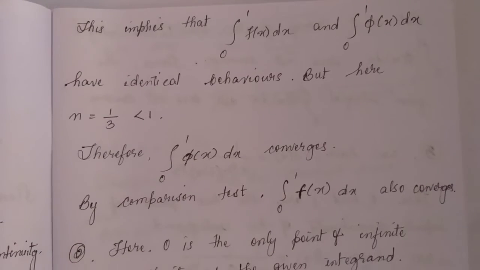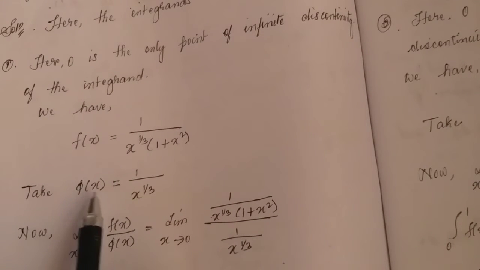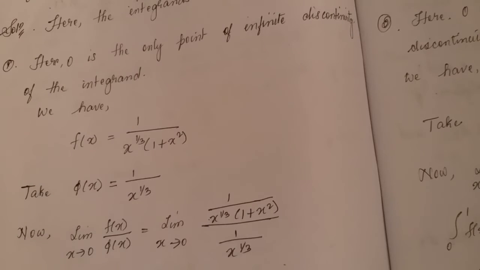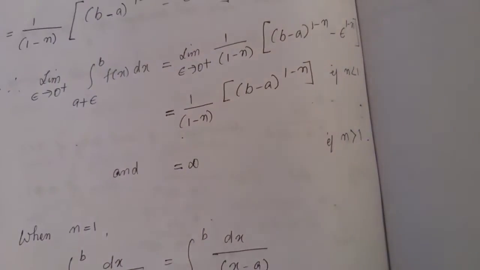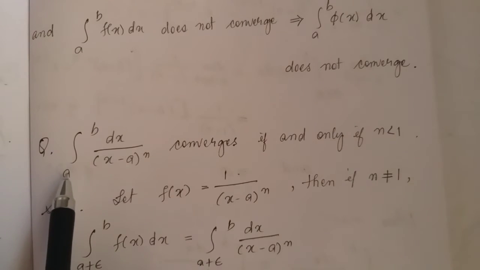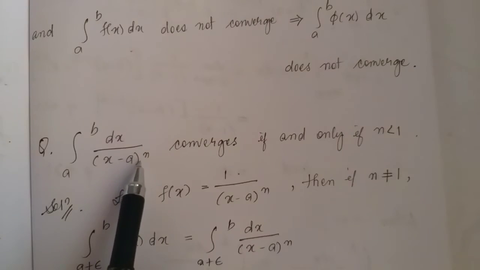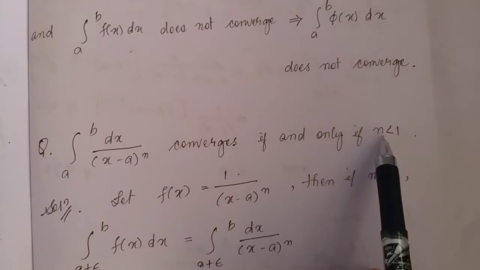But here our function phi of x, if you turn your pages, you'll find from the first problem that I have shown to you. I'll show you again. If you have a look at this example, this integral from a to b of dx by x minus a to the power n, remember it converges if and only if n is less than 1.